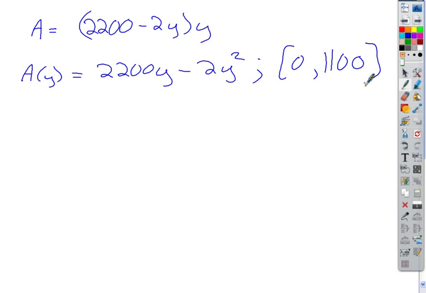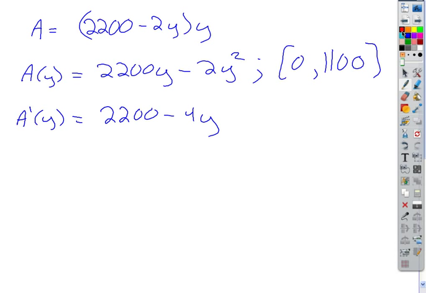That's the only part we have to consider the calculus for now. We want to maximize area, so we're going to take derivatives, right? What's A prime? 2200 minus 4y, good. Now that's never undefined.